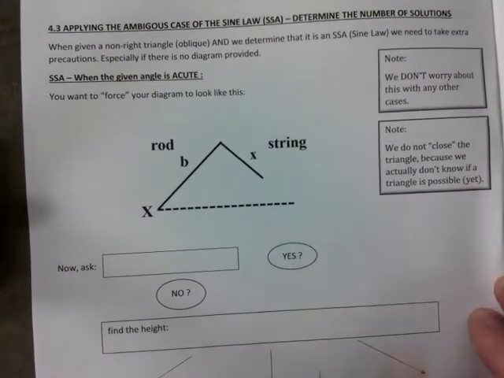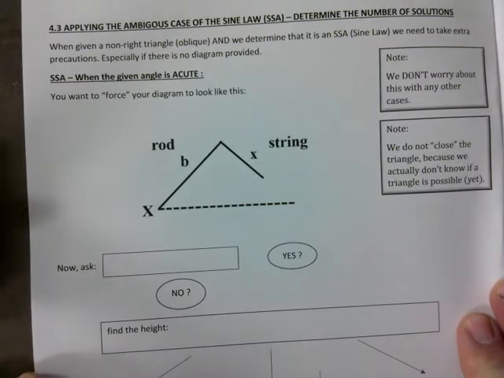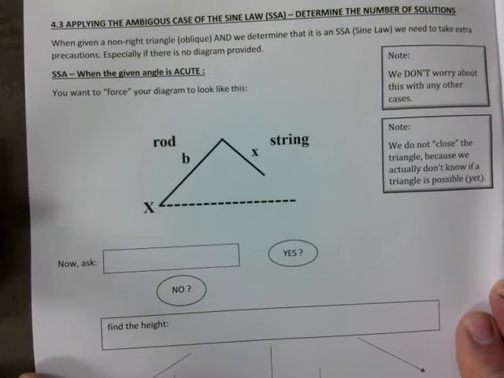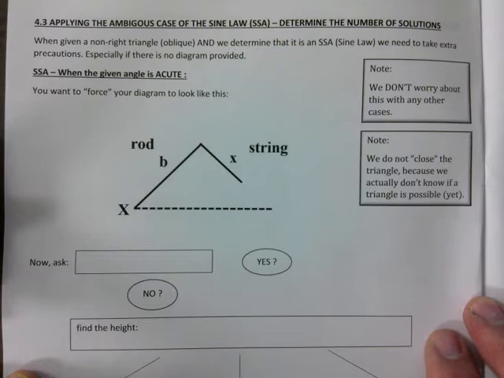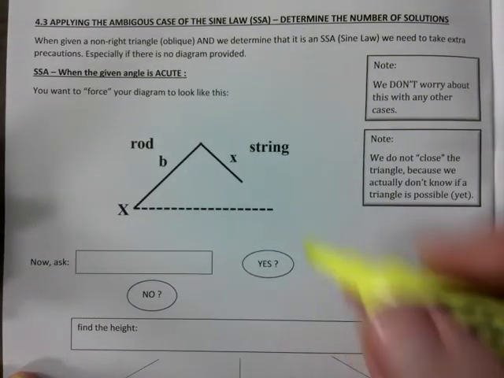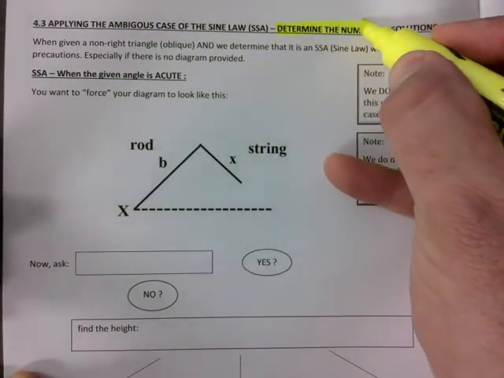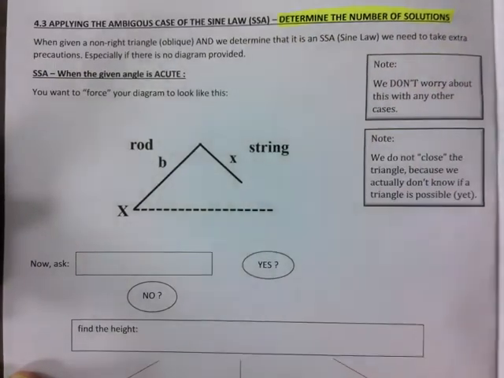So this is a flow chart. And this flow chart you're going to have to make a mini version of for your study sheet. Applying the ambiguous case of the sine law, and this is specifically, I will ask you to highlight, determine the number of solutions.